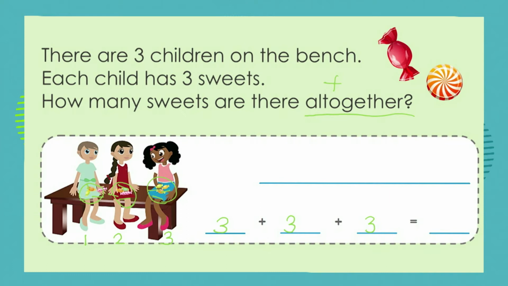So all together we have 9 sweets. And let's write our sentence. There are 9 sweets all together.